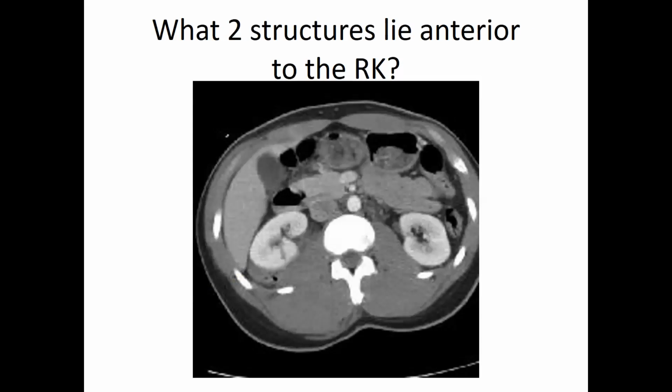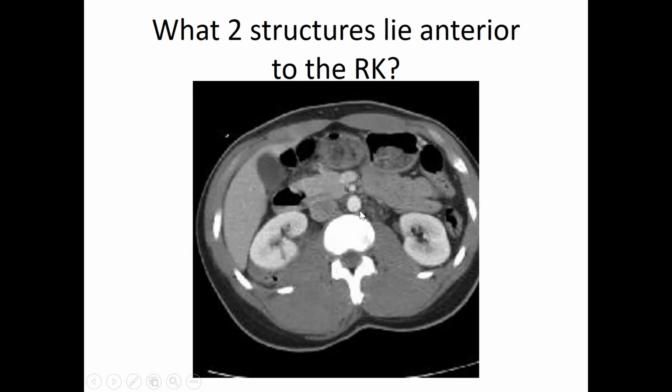Okay. What two structures lie anterior to the right kidney? So here we are in CT. So spine is here, posterior down here, anterior up here, right kidney, left kidney, not seeing much of the spleen. So what two structures are right here? Please repeat the beginning of the question. So what two structures lie anterior to the right kidney? So we're looking at a CT.